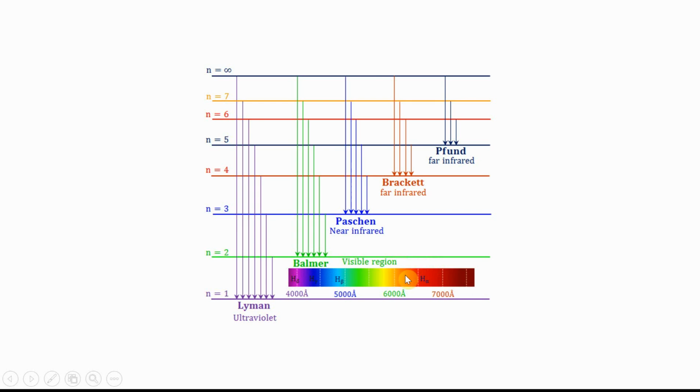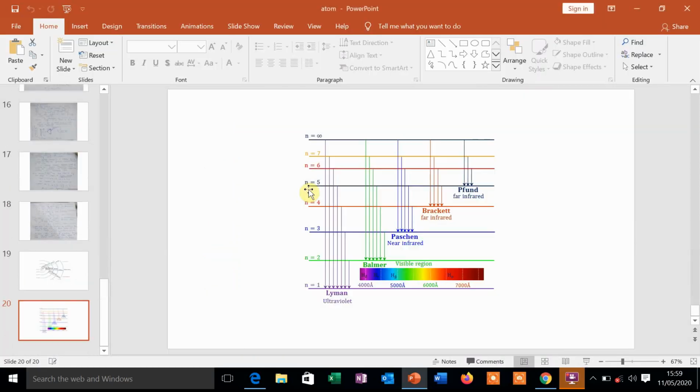And almost all the hydrogen spectrum has the range between 4000 angstrom and 7000 angstrom. Within this range all the hydrogen spectrum will lie. So this is all about the hydrogen spectrum, which was concluded by Bohr. But what are the failures of this model, we will discuss in the next class, in my next lecture.